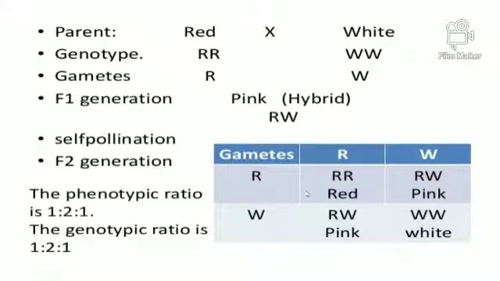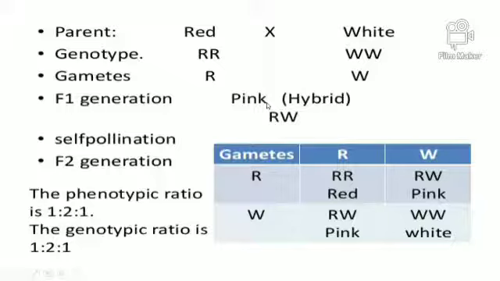We are getting the pink one. So here in the F1, we are getting a pink one. Here red is partially dominant over the white one. So a combination of the red and white takes place, and so a different color appears in the hybrid, and such a type of dominance is called incomplete dominance.